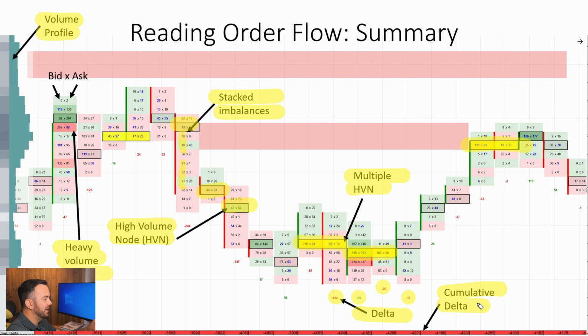Don't try to read every single number that you see on your screen. That's no help, you'll just get lost in that matrix. Just read those things and the order flow will start to make sense, right? It won't be complex, you just need to know what to look for, right? And those are the most important things to look for.